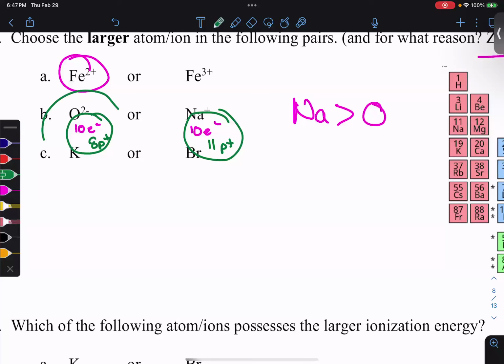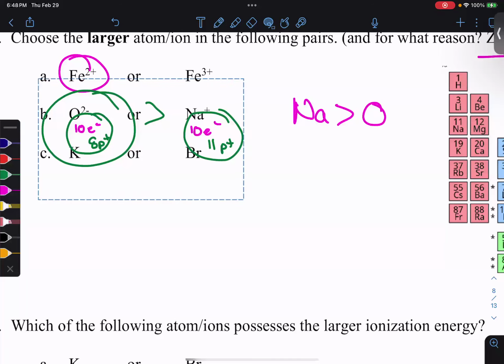Oxygen. Here, this one's larger because those 8 protons pull in those 10 electrons more loosely because they're just not attracted to it as much, all right? I'm a dumb electron and I'm more attracted to a +11. And so I'm gonna sit closer in the sodium plus versus the oxygen atom, all right? So in this one, yeah, oxygen's bigger. Sorry. Yeah, all right, next one.